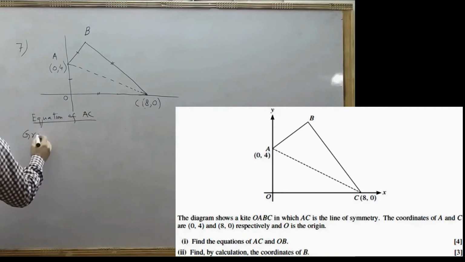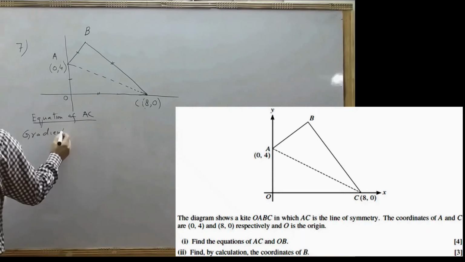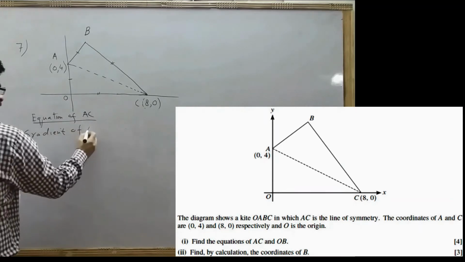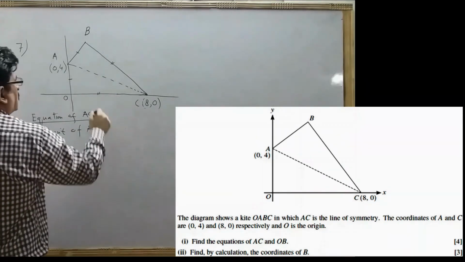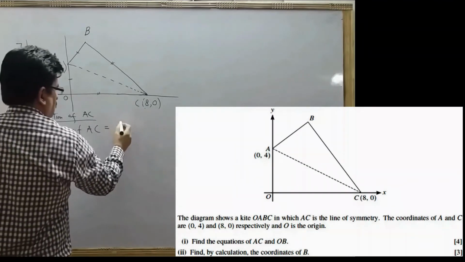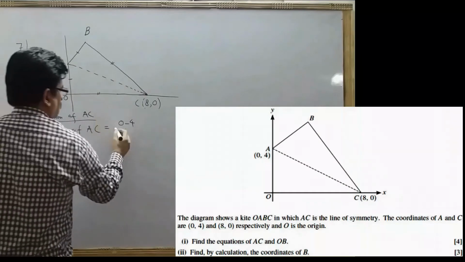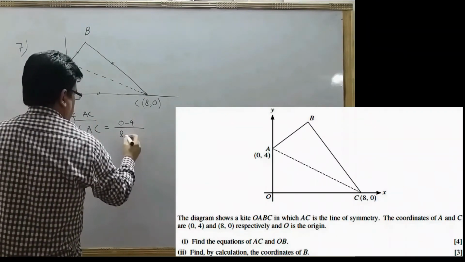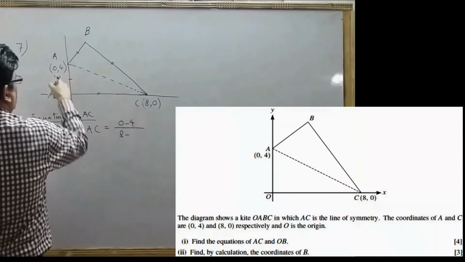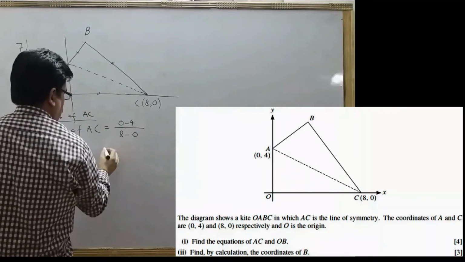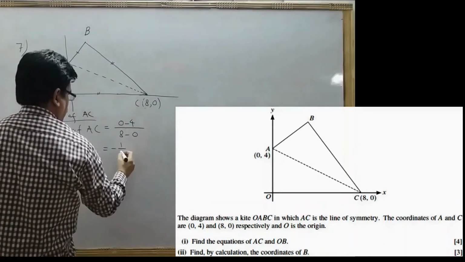Firstly, you will find the gradient of AC. Now gradient of AC, y2 minus y1 over x2 minus x1. This is minus 1 over 2.